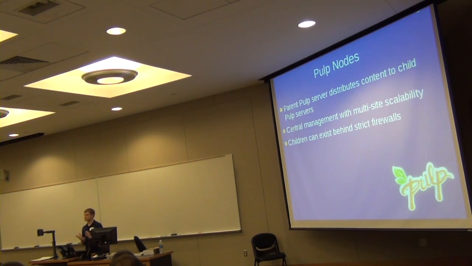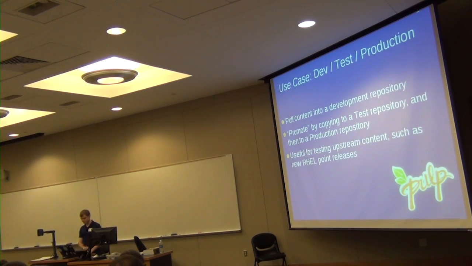This is useful for maybe just load balancing. Another very popular use case there is to put something behind a firewall. The child Pulp server that you want your infrastructure to interact with is behind a very strict firewall, that kind of thing. But it's a really interesting new feature.